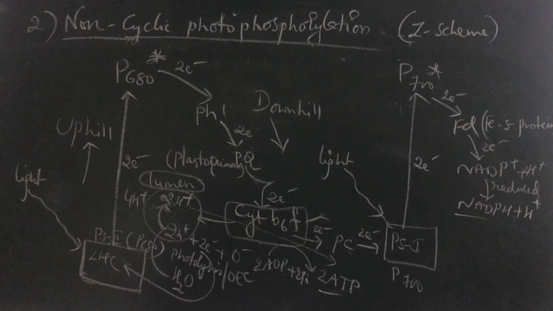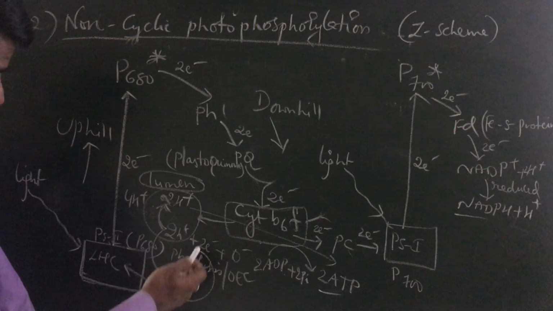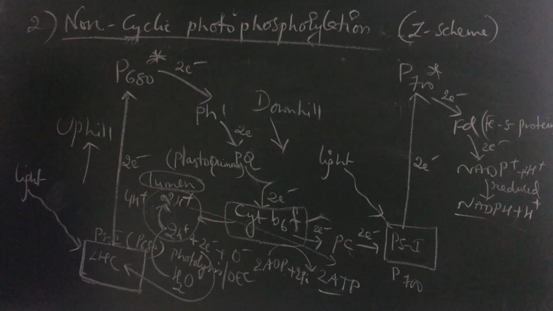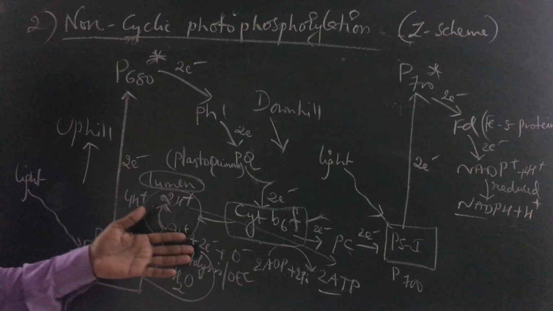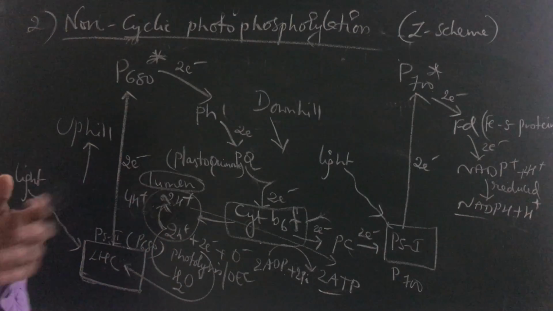Oxygen evolving complex. So this oxygen evolving complex, photolysis, will generate the protons and electrons. So now the electrons are compensated here, and protons are added to the lumen.